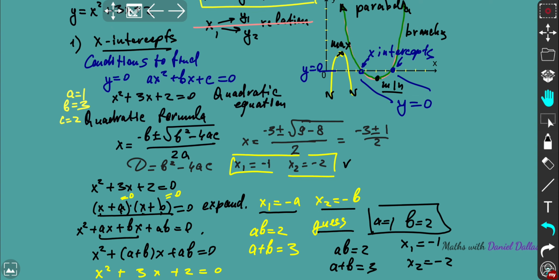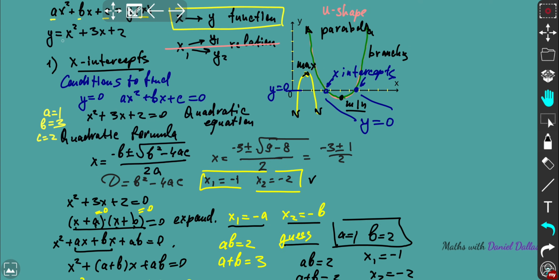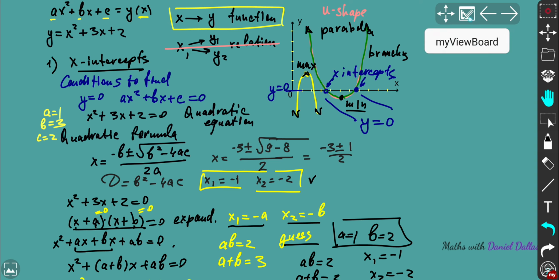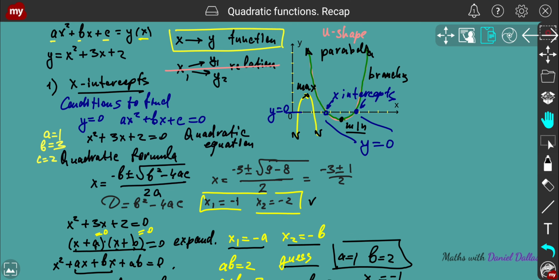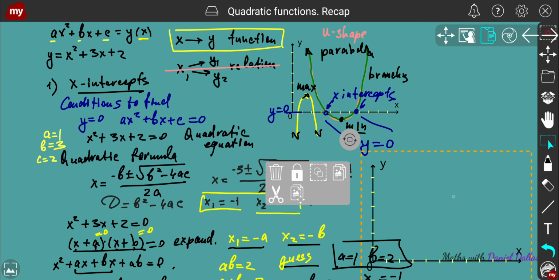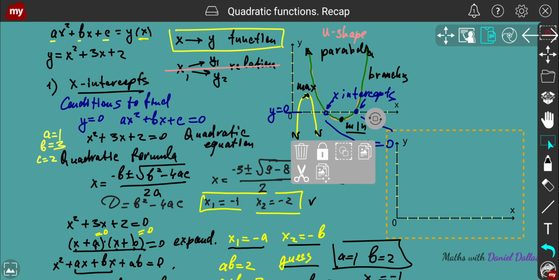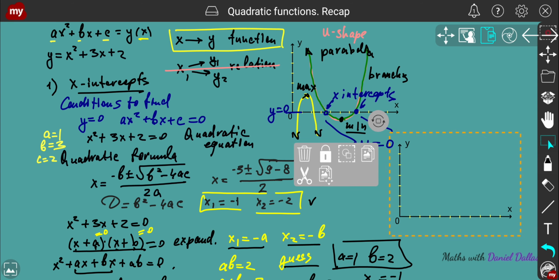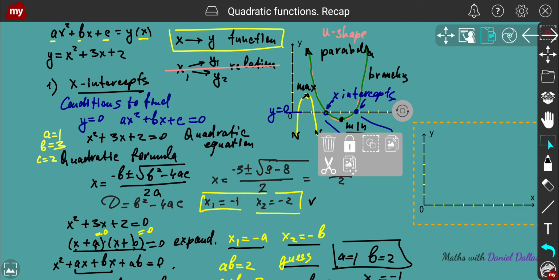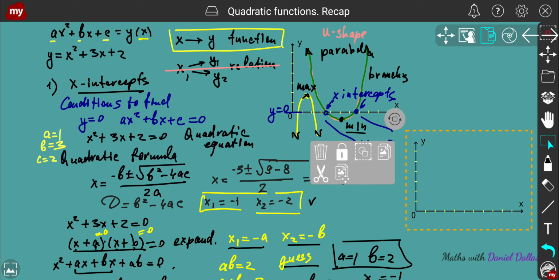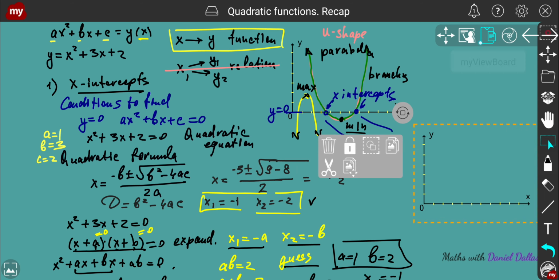In this case, the function is x squared plus 3x plus 2. So this is the general scope, and that's how we're looking for it. Here is the sketch for this Cartesian plane. I just copied that.